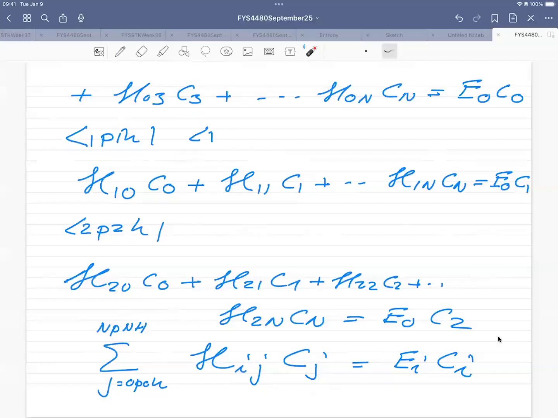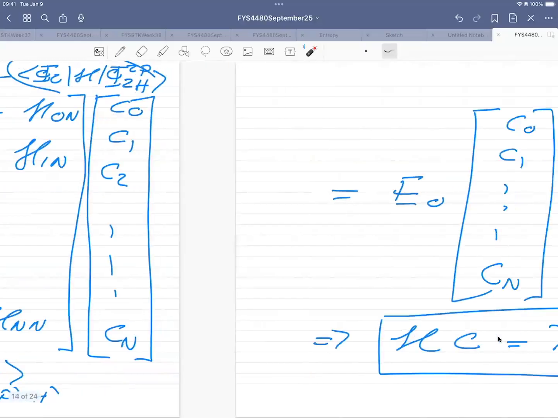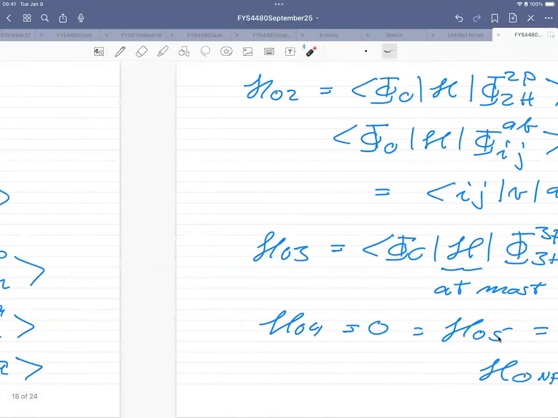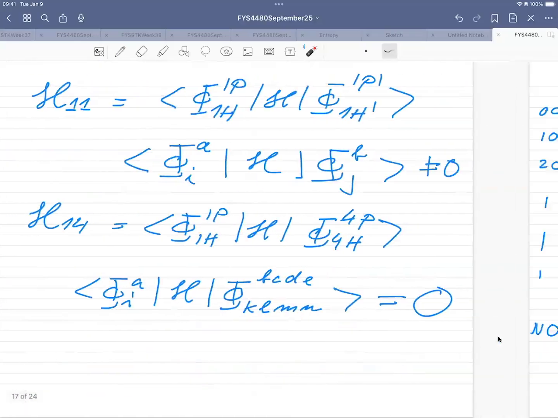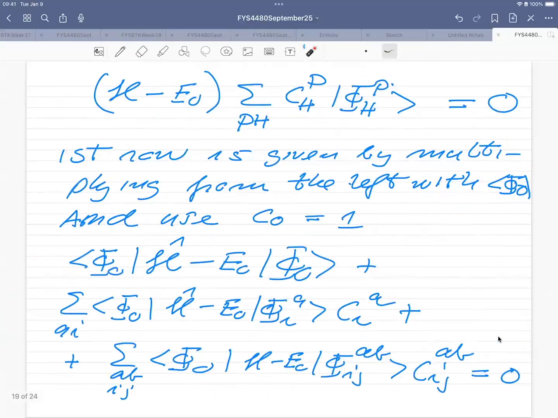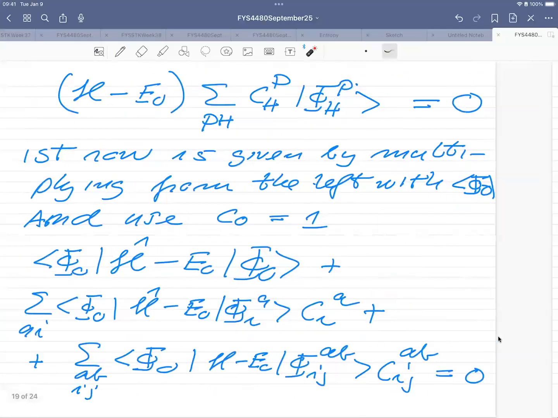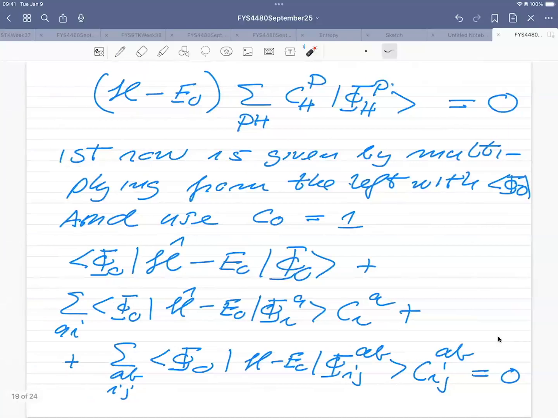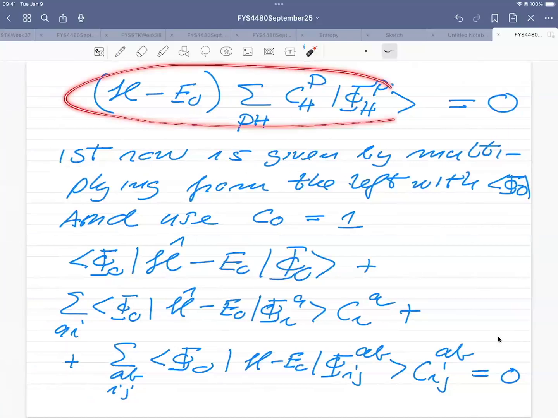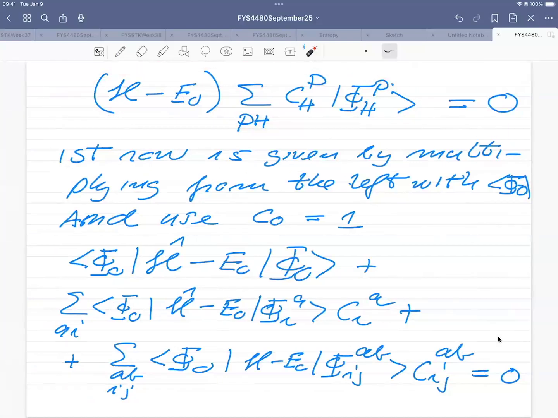Now, the reason why I'm bringing this iterative scheme up is because this links with the approximative methods we will discuss later. So let's take a look at the second row. We wrote down the first row just now. And what we did was simply to take this expression and multiply by phi 0. That was the first row of the Hamiltonian matrix.